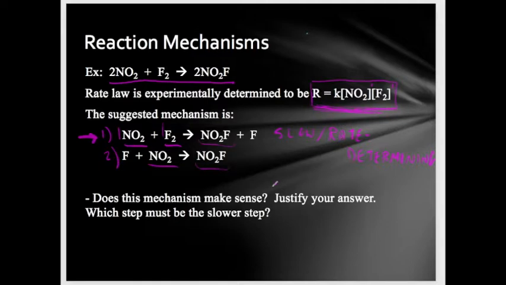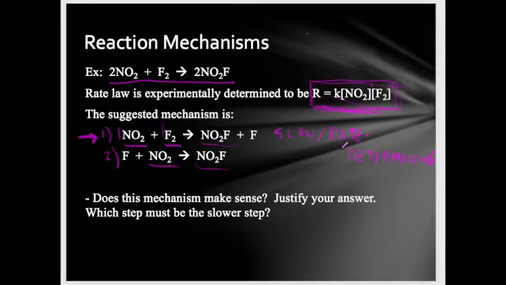So yes, this is a good mechanism, and I've just determined, because I know what the rate law is, and that rate law matches one of the steps, that this step must be the slow rate determining step. It must be holding the whole reaction back. It must be governing, determining the rate of the whole reaction because it's happening more slowly.